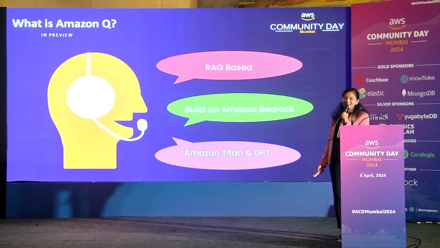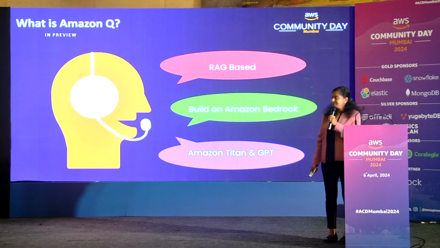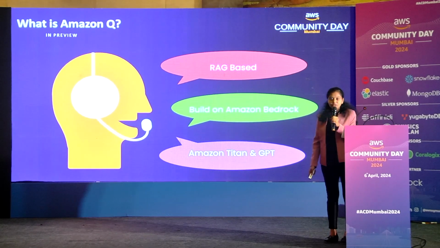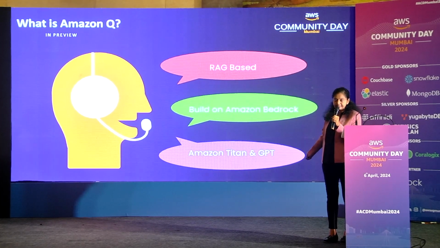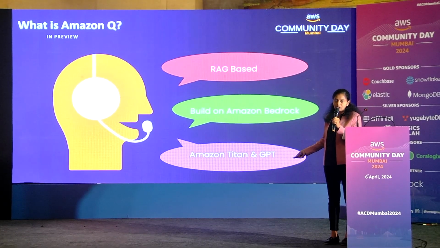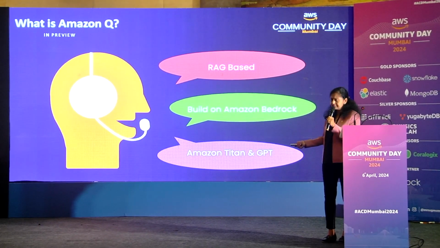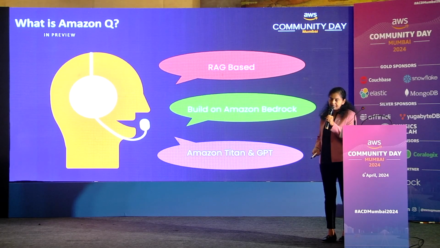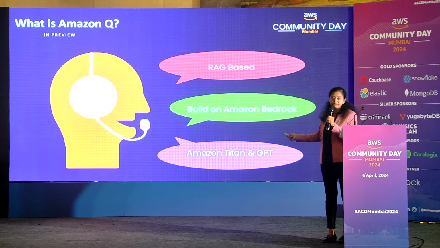Somebody was peeping to see, so I'm just giving it away. So Bedrock supports several foundation models, and one is Amazon Titan, and Amazon Q is based on the Amazon Titan model. So these are the key things. It is a RAG-based model for natural language processing, built on top of Amazon Bedrock, and follows the model Amazon Titan.